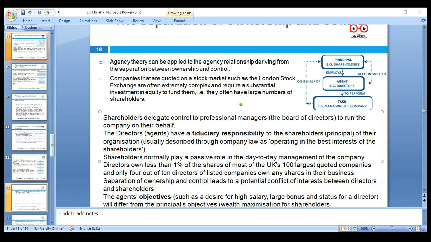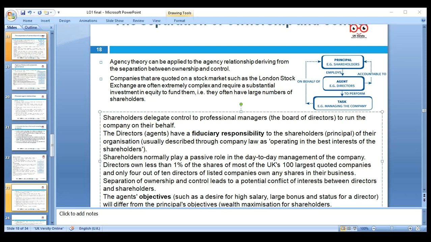Companies are quoted on stock exchanges, such as the London Stock Exchange, and various investment equity funds, and they can have a large number of shareholders. Shareholders delegate control to professional managers or the board of directors to run the company, and the directors have what we call a fiduciary responsibility or relationship.